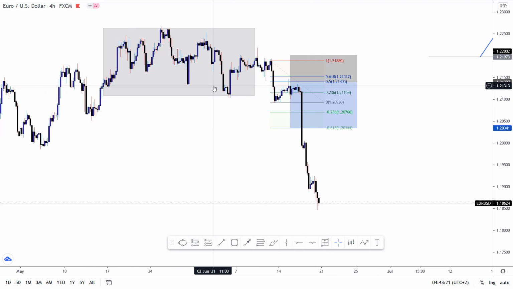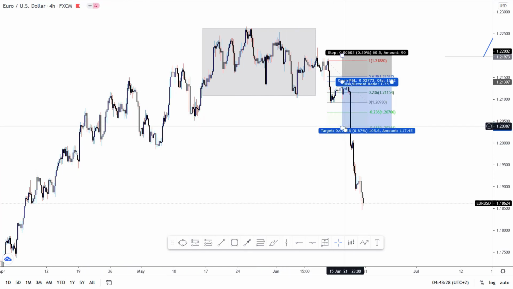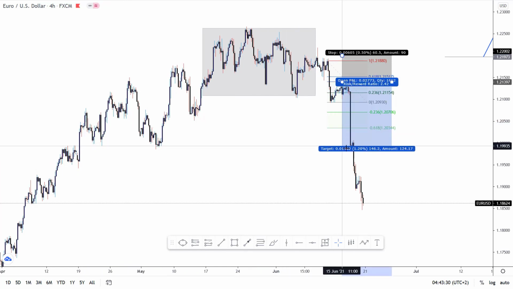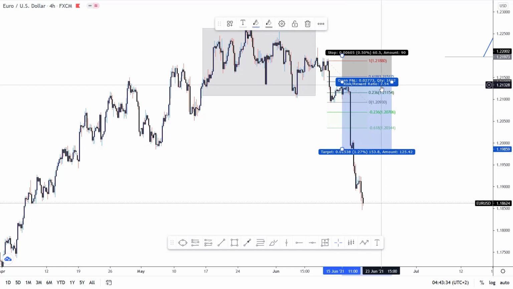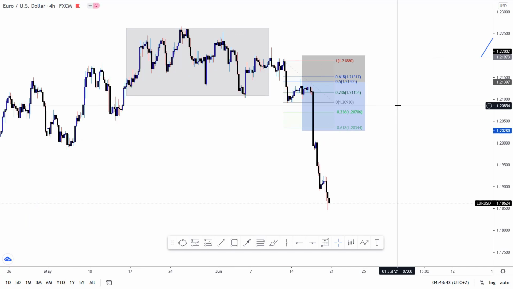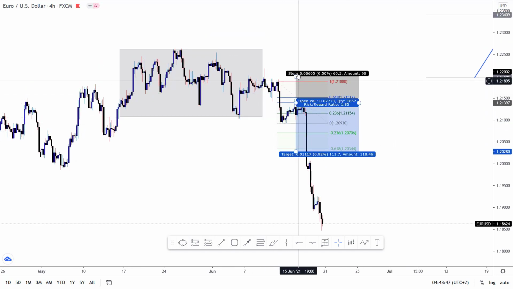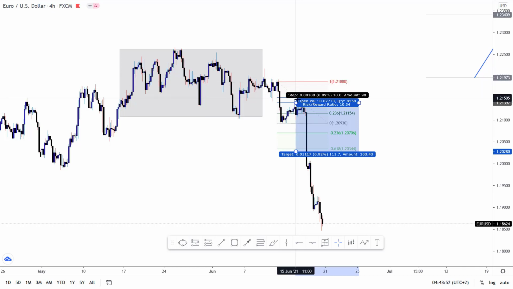But if I was using other confirmations, I'd look for another market structure to take out profits, which then achieves me a 1:2 trade, something that I'm most comfortable trading with. But since we're just using the Fibonacci, this is how I facilitate my trade, because this is the most important part that I want to show you guys. As soon as price trades below this low, I take my stop loss, I break even.